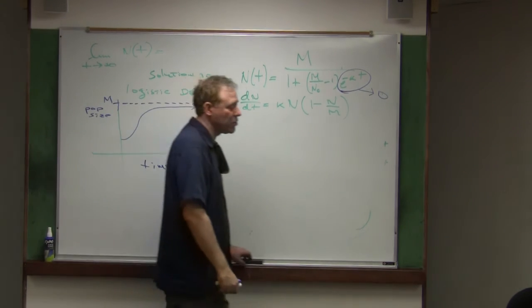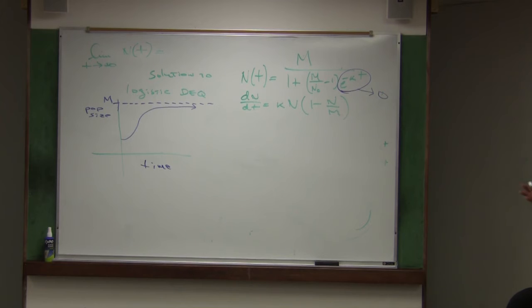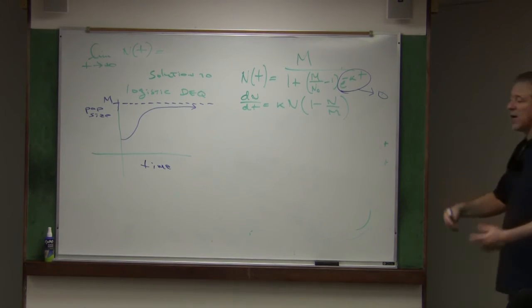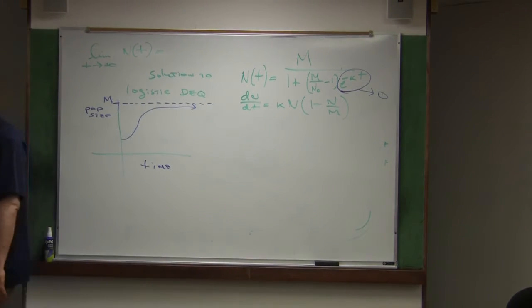So logistic growth is just a separable differential equation solved with partial fractions. That's basically what it is.